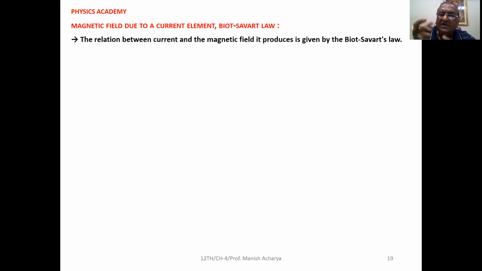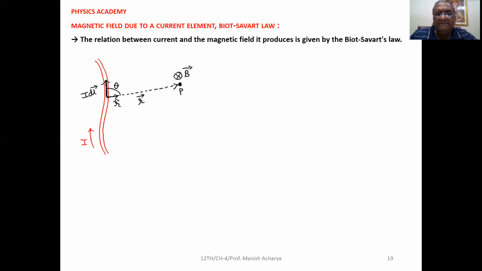And the equation itself is called the Biot-Savart law. See here, suppose as shown in this figure, we consider a conductor carrying current I with arbitrary shape.